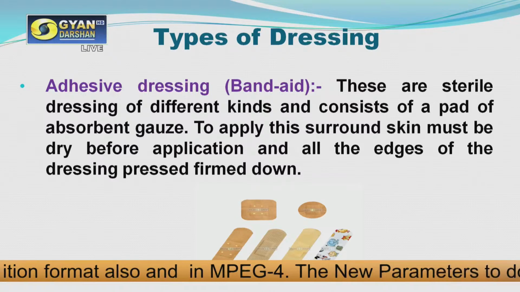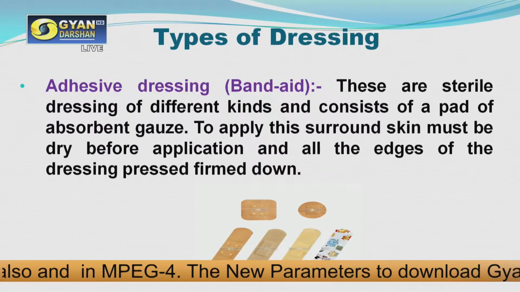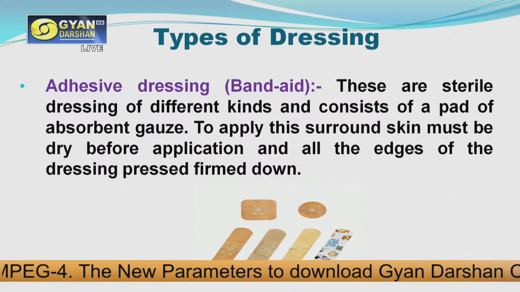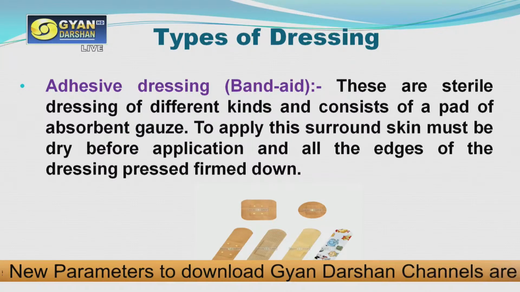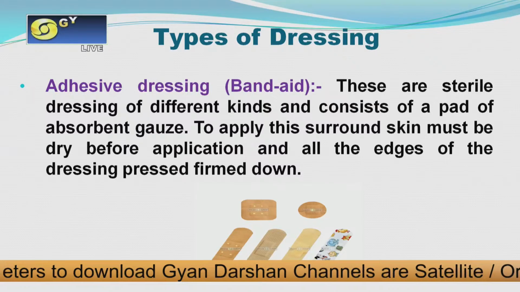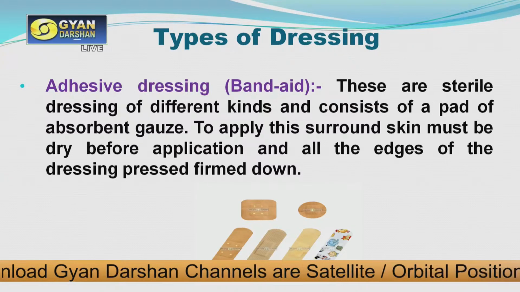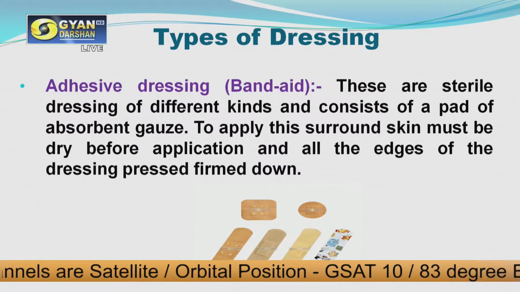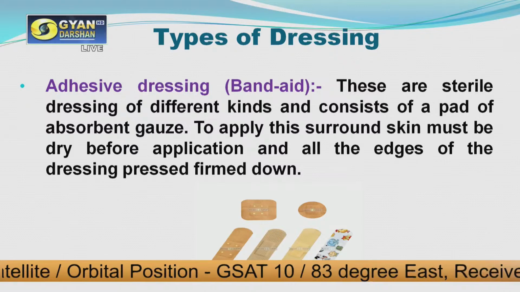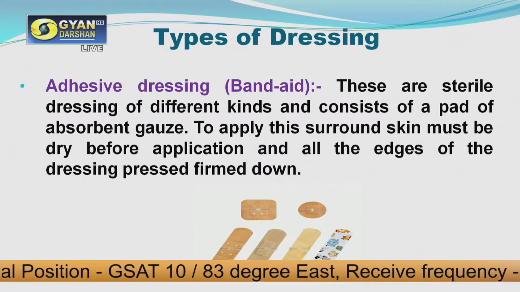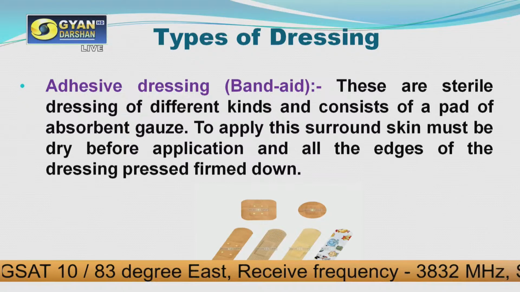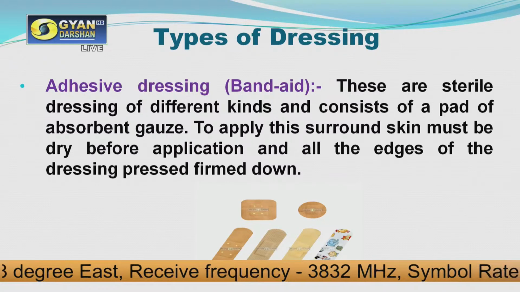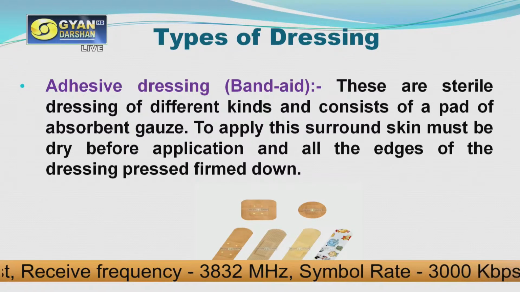As you can see in the picture, some are very long, some are rectangular, and some are circular. They are usually used after you take a blood sample, and it has to be covered for some time to prevent infection from crossing the skin. These are sterile dressings of different kinds, consisting of a pad of absorbent gauze.